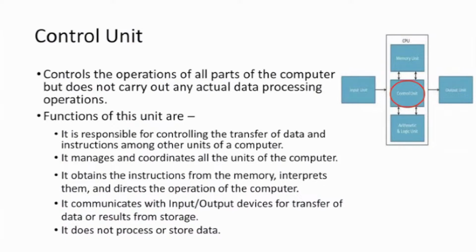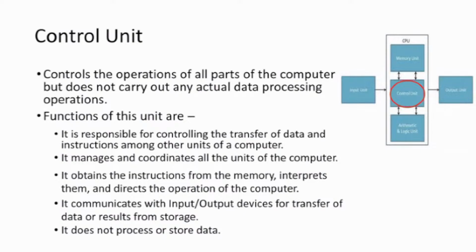Then it manages and coordinates all the units of the computer. It obtains the instructions from the memory, interprets them, and directs the operation of the computer. So after we create instructions, we have to pass them on, and that is done by the control unit.